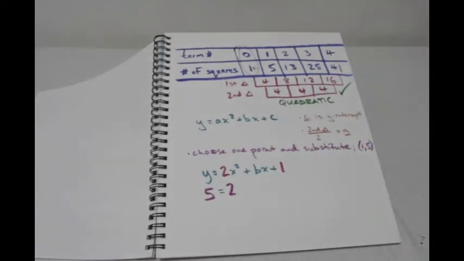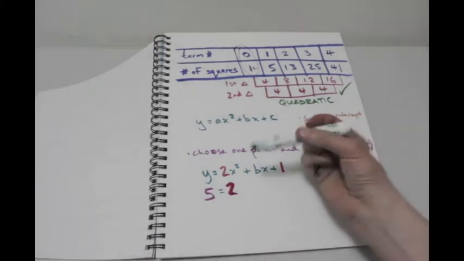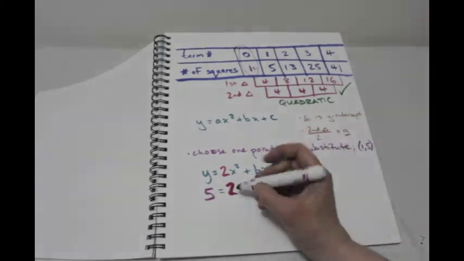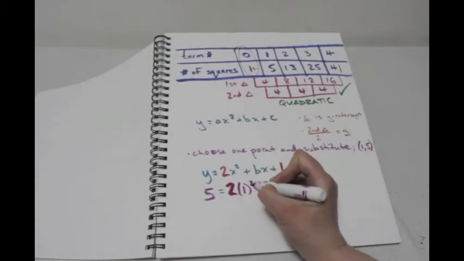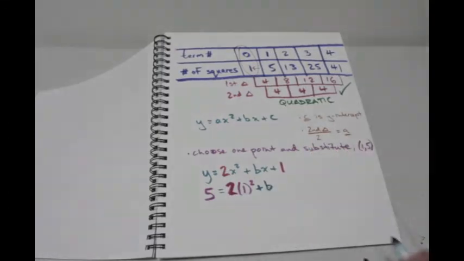Well, that wasn't the color I meant to use, but no big deal. And we have a 1 for the x value. We still don't know what b is, but that's okay. We're almost there.